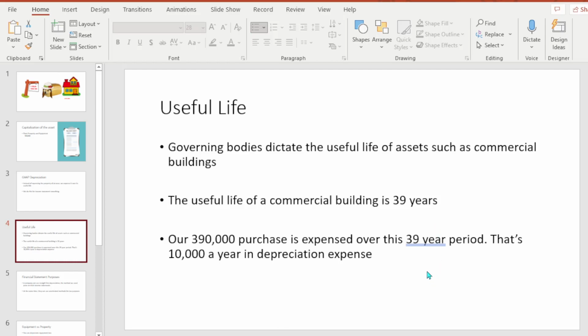So our $390,000 purchase is expensed over a 39-year period. So that's basically $10,000 a year of depreciation expense. So on the income statement, every single year we're going to see this $10,000 depreciation expense occur. So that's basically what I mean by expensed over time.